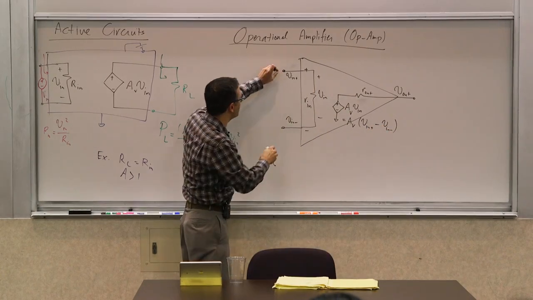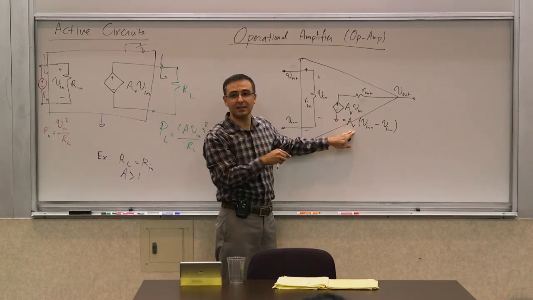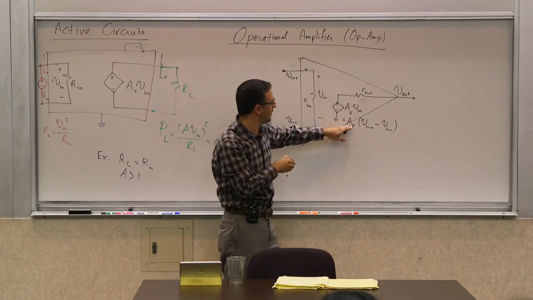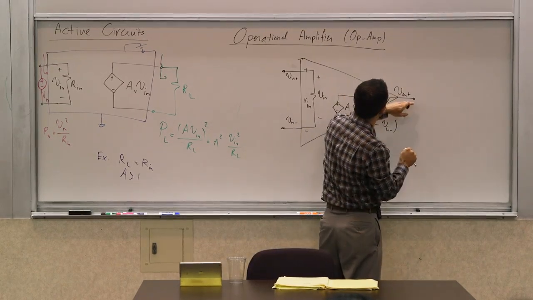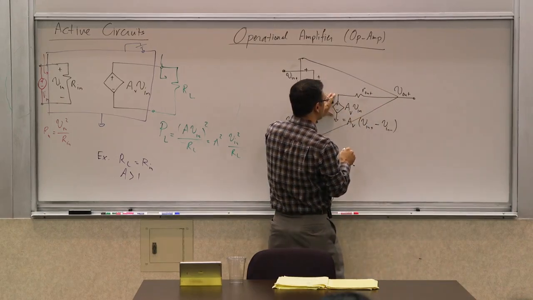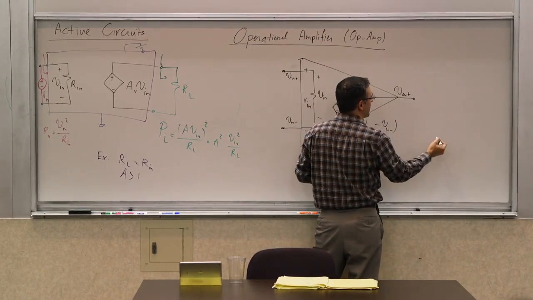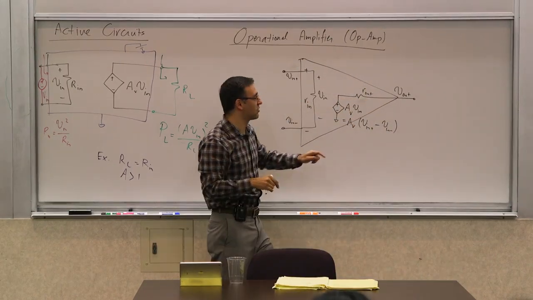So it takes the difference of these two voltages and multiplies it by a voltage gain, some scalar number, ideally constant, practically not. And then that generates that voltage here, and depending on what kind of load resistance you connect to it, you will have a resistive divider essentially between that load and this R out. That would determine your V out.